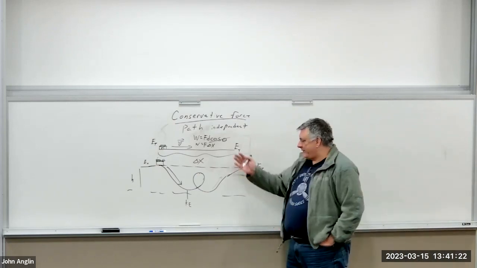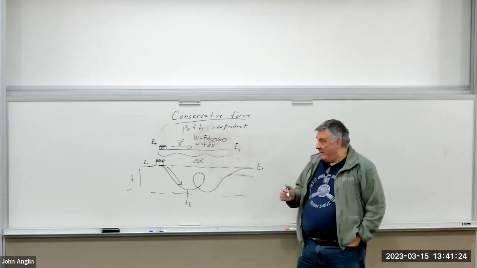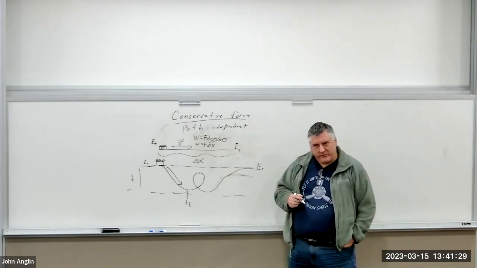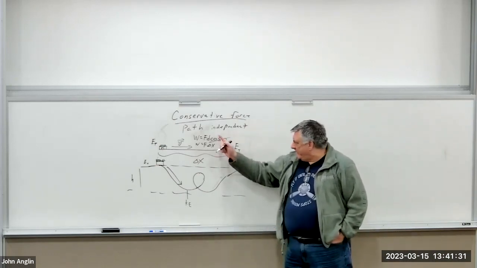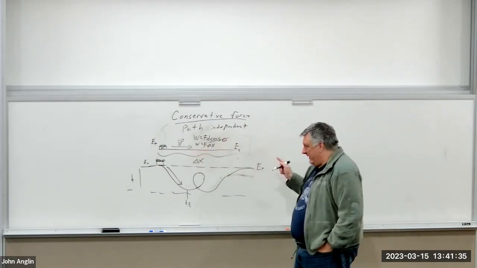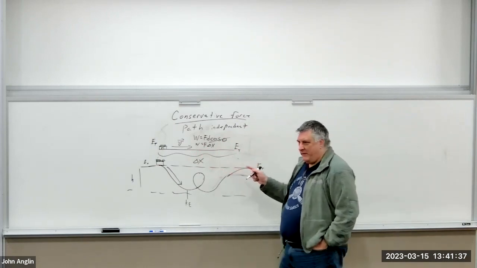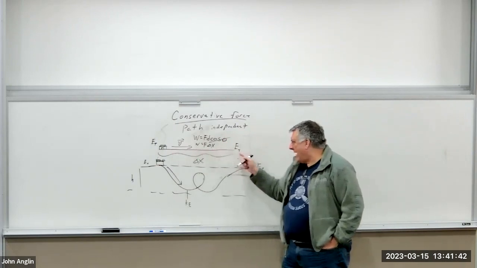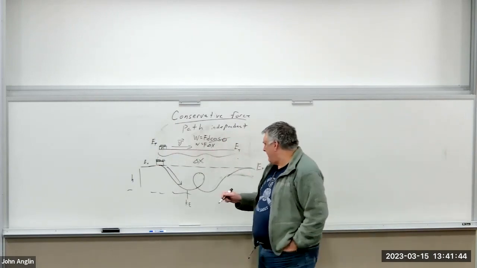So this work here, this potential kinetic energy, this is a conservative force because it is path independent. The amount of energy in the system did not depend on how we got from point A to point B. Right?